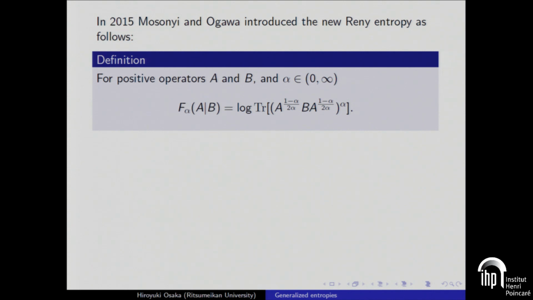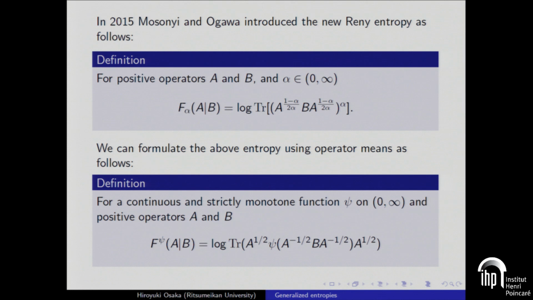Then I understood how to formulate this using the operator mean. Maybe you can guess. So here is the new version. Just replace this form, so you can change it easily, like this one. This alpha power enters into this form, and so on. So you can guess a new entropy, a new form similar to entropy.